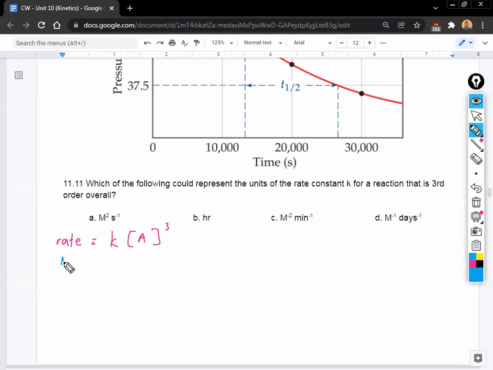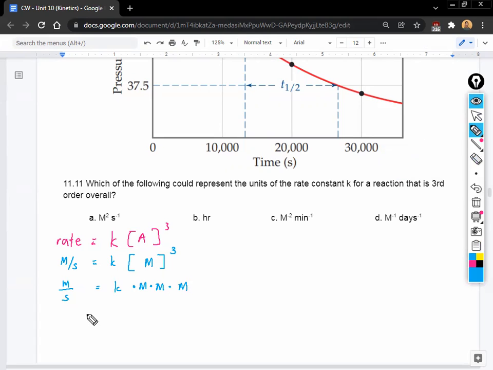The units for rate are molarity per second. We're trying to figure out k, and concentration is measured in molarity to the power of 3. Expanded, it's k times M times M times M, and then we have molarity per second.